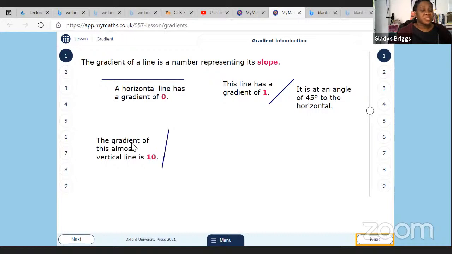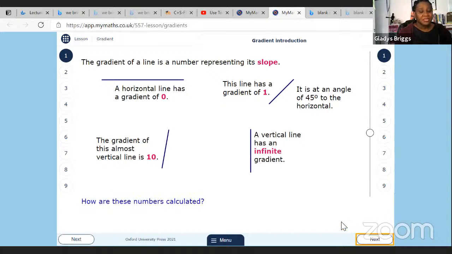Maybe the gradient of this almost vertical line is 10. A vertical line has an infinite gradient, it goes on forever. Make a little sketch of what's on my board, all the notes about slope, gradient, and all the different information there.